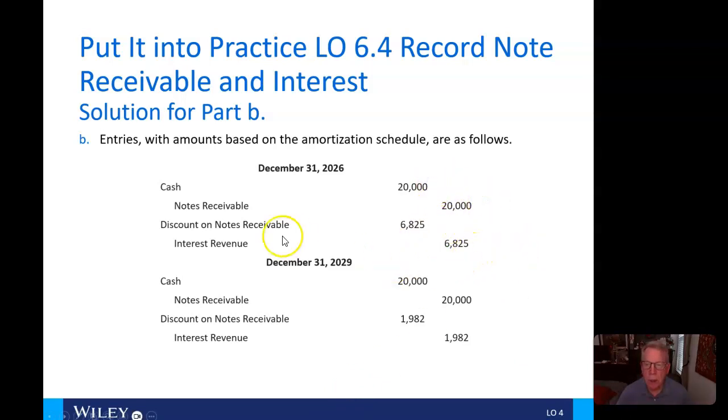That's an easy one. But then we'll do our discount on the notes receivable and interest revenue, just like we did before. And then finally, on December 31st, 2029, we'll do the same cash entry here and the revised discount on notes receivable from the amortization schedule.